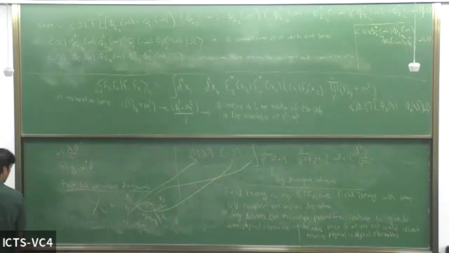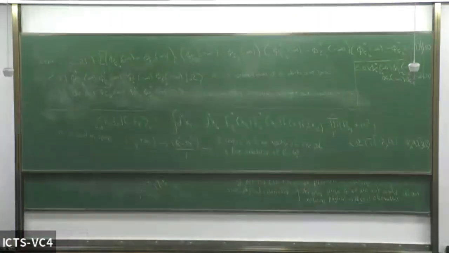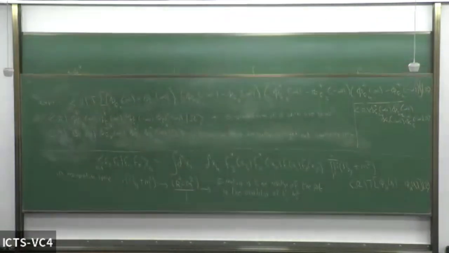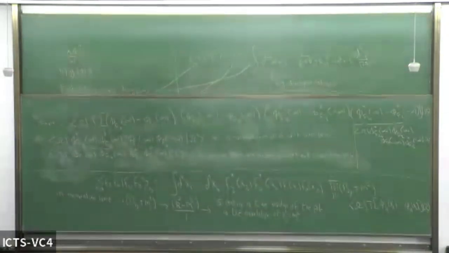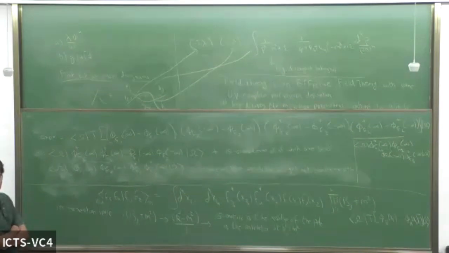Why do you have an energy scale? You define the theory. Let's say you imagine you define the theory on a lattice. You do quantum mechanics on a lattice. You can define some lambda, and you'll get some answers.